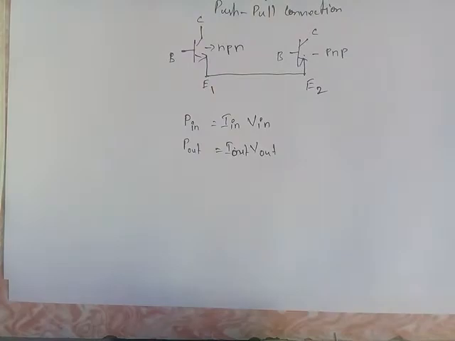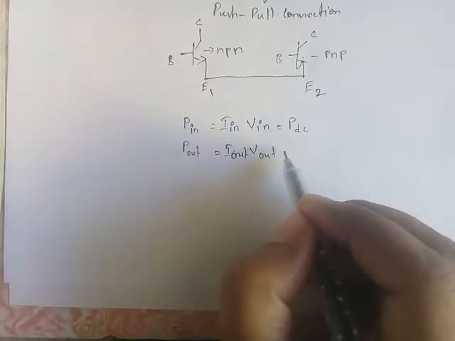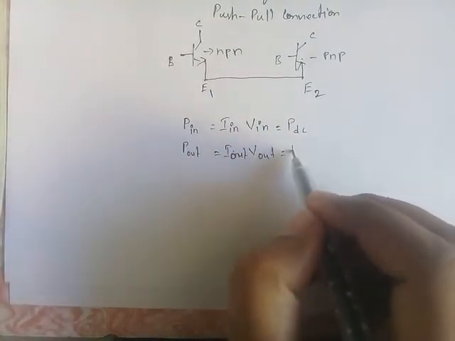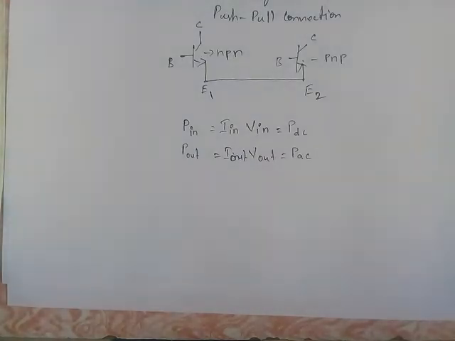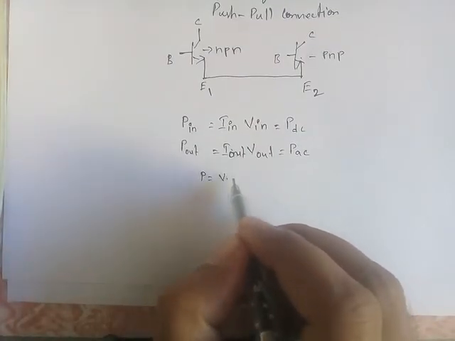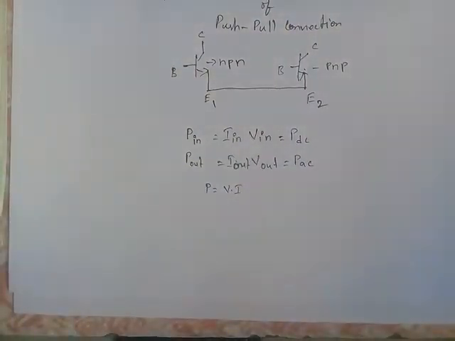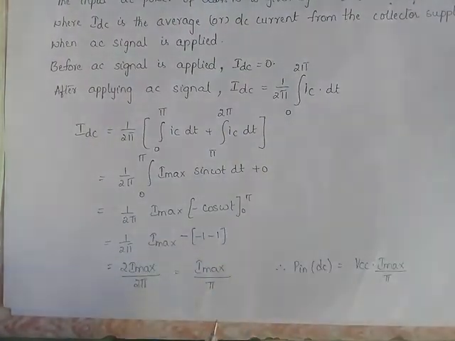So here P in will be your PDC, that is the DC power supply, and this is your PAC. So this only we have to calculate. Here PDC means P in. What is the general formula of power? Power is equal to voltage into current.